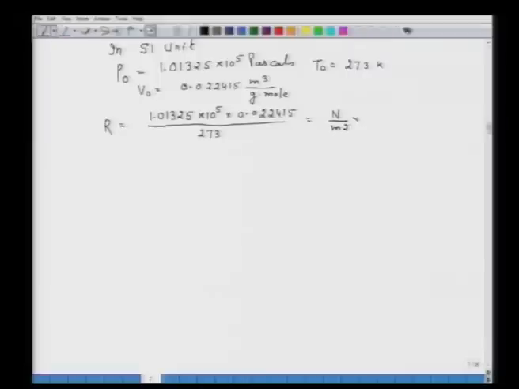that is equal to in Newton per meter square, unit of P, then I substituted V in meter cube per gram mole, that is what I have done, and then I divide by 1 upon degree Kelvin.